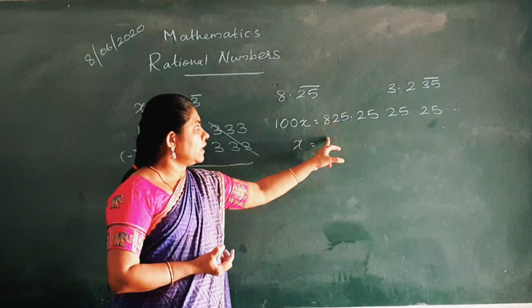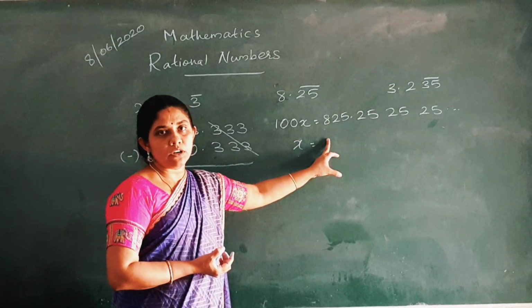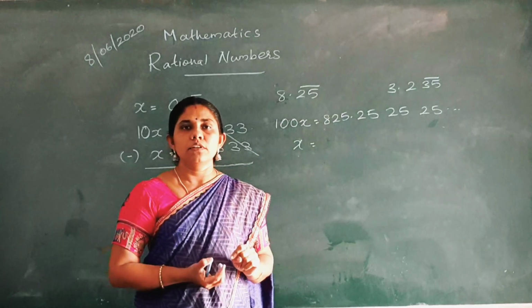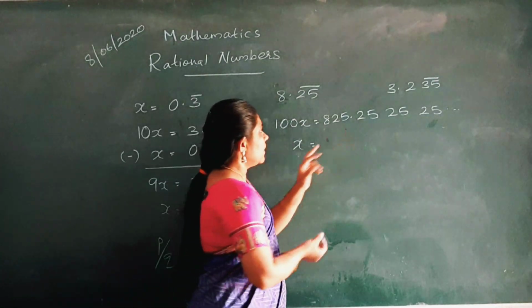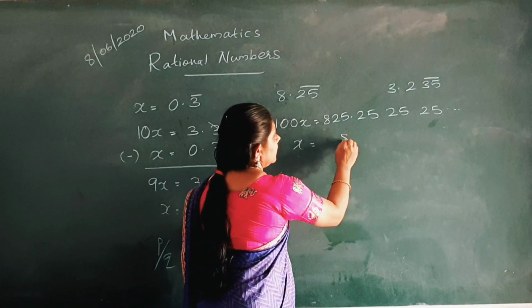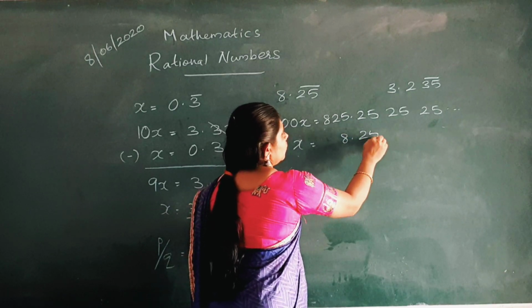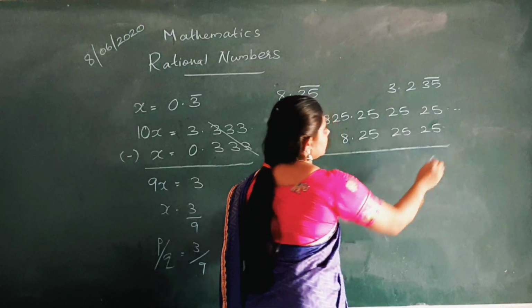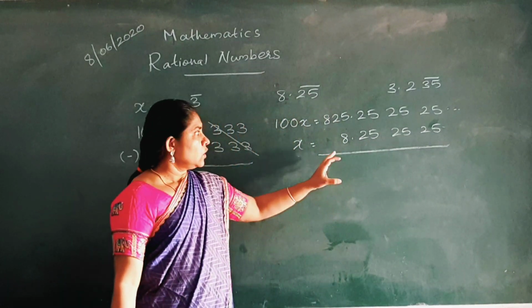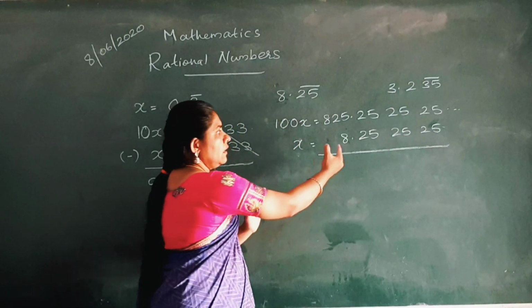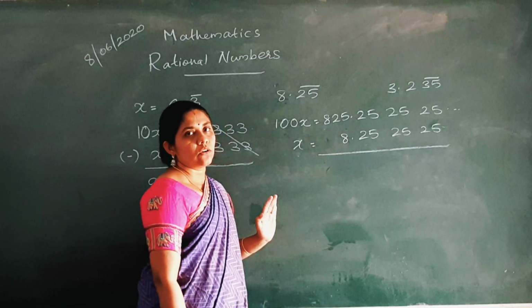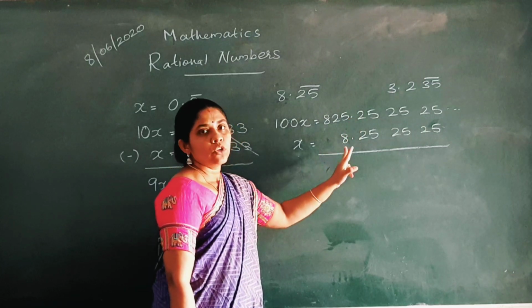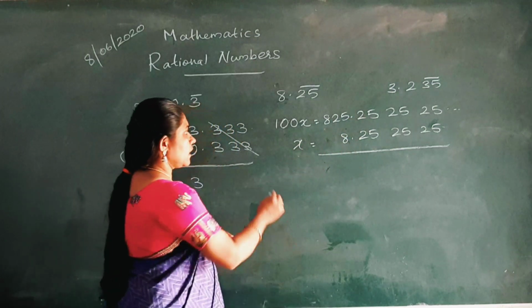Where will you write the 8? Can I write 8 here? No, not possible, because 8 is the ones digit. So we write it in the ones place: 8.252525. When you write the 8, take care. Don't write it in the hundreds or thousands place; write it in the same unit place. Then subtract.